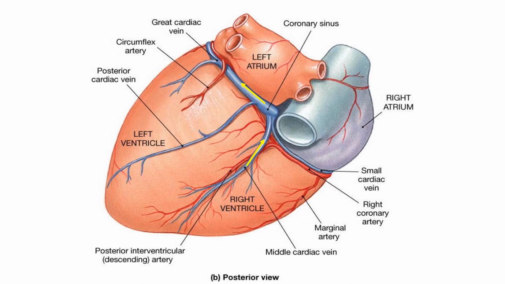Now the middle cardiac vein will join the small cardiac vein in the coronary sulcus between the right atrium and the right ventricle, and they form the coronary sinus.